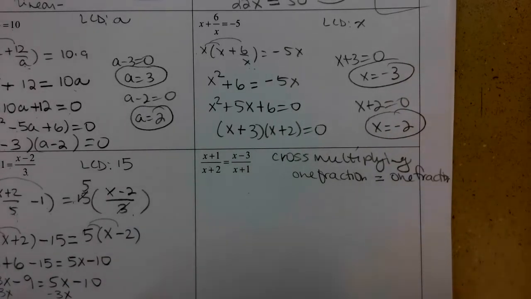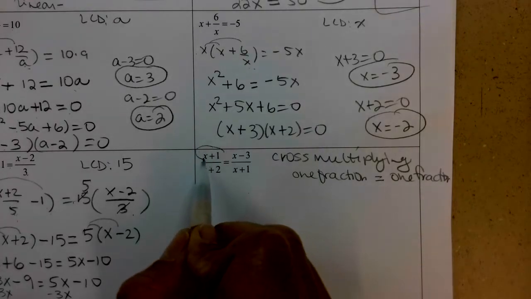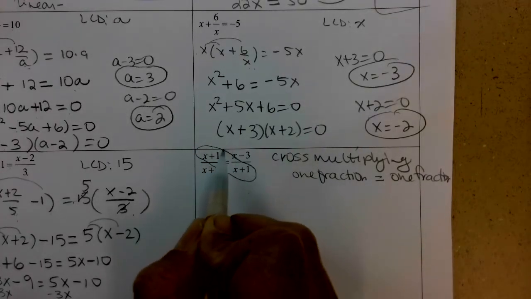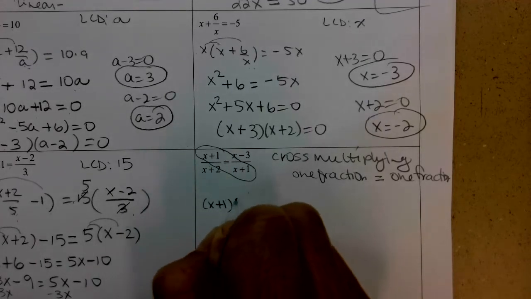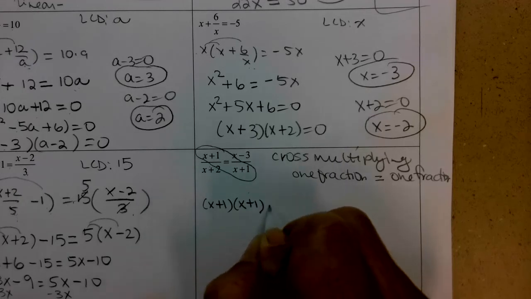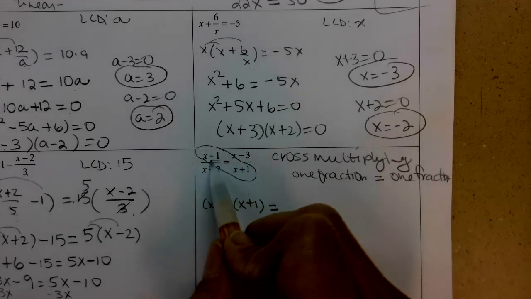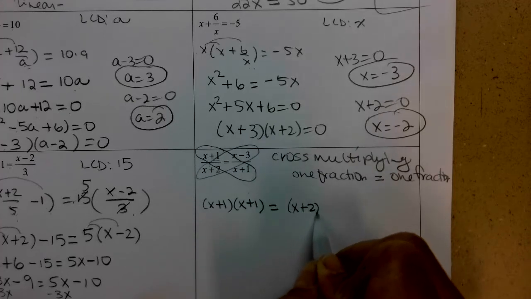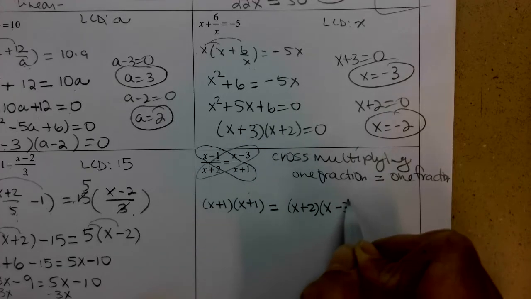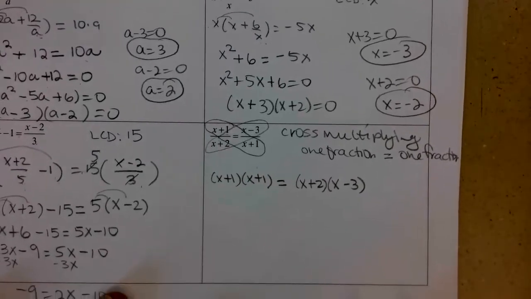So product of the means equals the product of the extremes, if you know that sort of thing. We're going to multiply the top of one fraction to the bottom of the other, and then set that equal to the product going the other way. Since they're binomials in this example, I'm wrapping them in parentheses so that I'm careful to distribute.